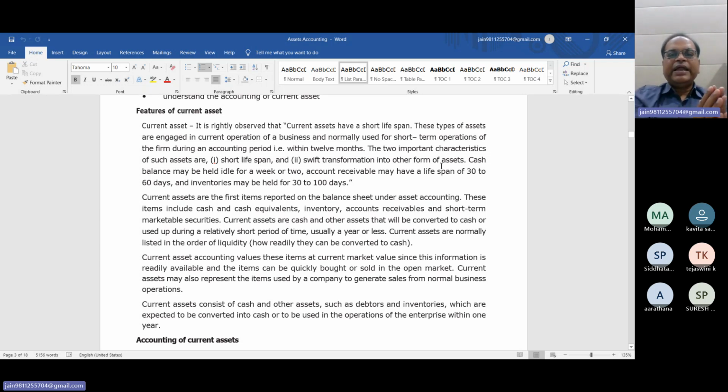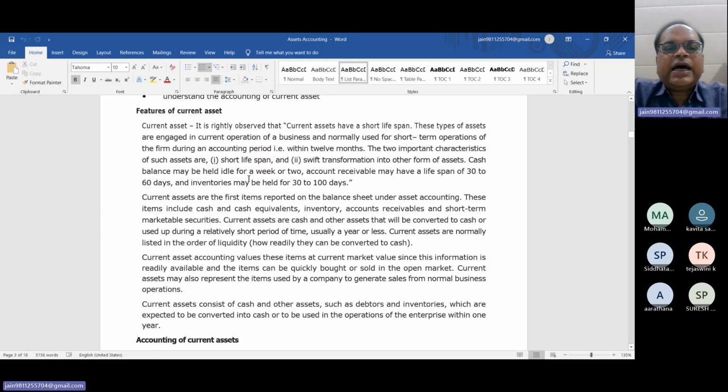Matlab, you have a debtor, but suppose the debtor pays the money immediately, so the debtor is converted into cash. If you have a short-term investment, but you sell the investment and convert it into money, this is the feature of current assets. Number first, short life span. Number second, quick transformation into other forms of asset.